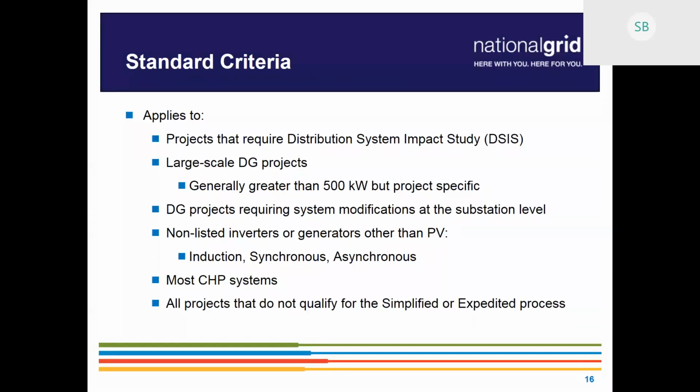So this could be an application that's a hydro facility or CHP, anaerobic digestion. All those types of things could qualify as standard projects. And by process of elimination, all projects that do not qualify for the simplified or expedited process.